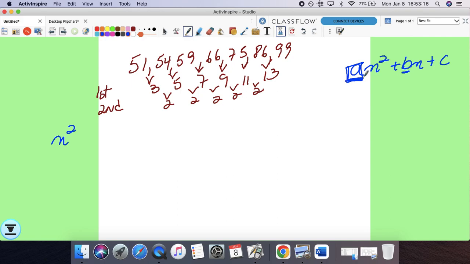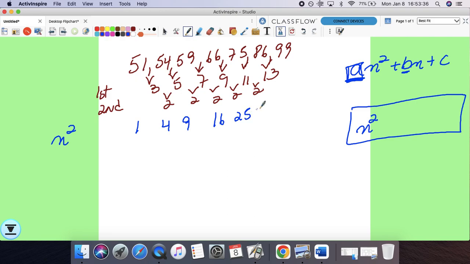If we divide 2 by 2, we get just 1, and we're not going to really write the 1 over there. We don't really need it. So it's n squared. So our expression already starts off with n squared. How does an n squared sequence go? It's 1, 4, 9, 16, 25, 36, 49.